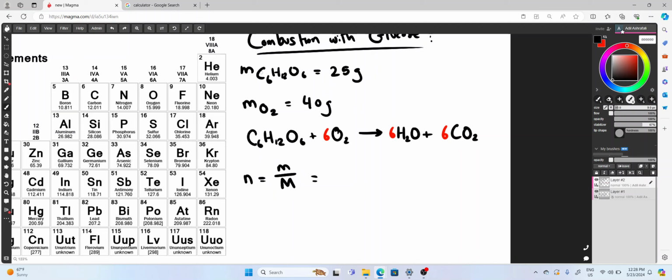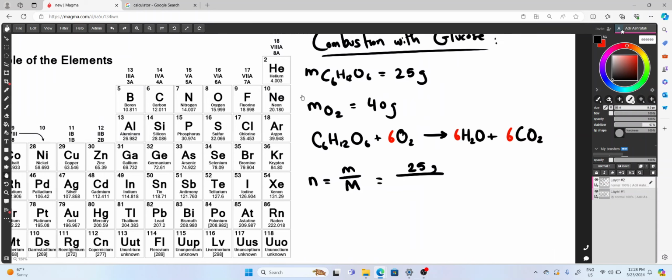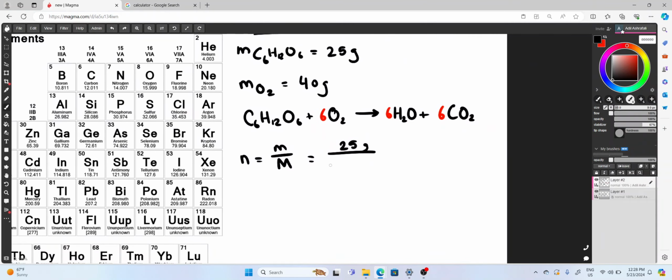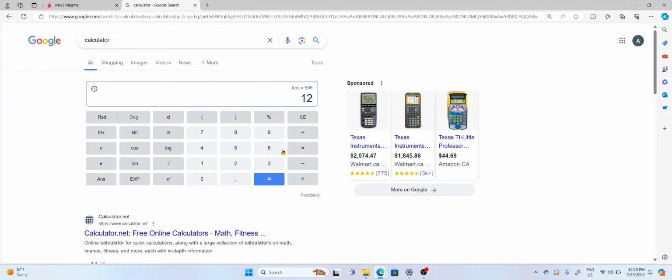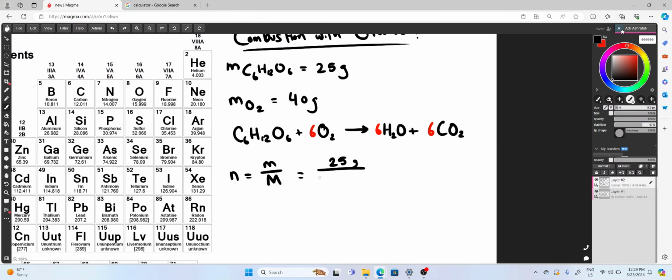So in the case of glucose, the mass is 25 grams over C6, that's 12 times 6, and H12, we'll just say it's 12, and O6, that's 16 times 6, so let's quickly calculate. 12 times 6 first, plus 12 for the hydrogens, and then plus 6 times 16 for the oxygens, 180. So that's the molar mass of glucose, 180 grams per mole.